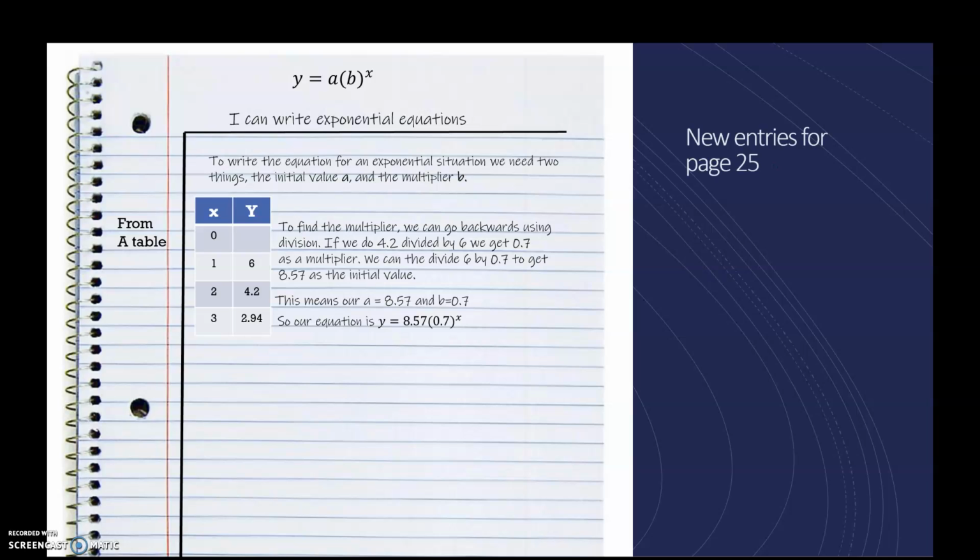So we're dividing going up. So if you do 6 divided by 0.7, you're going to get 8.57. And that is our starting value. So the multiplier was 0.7. And the starting value was 8.57. So we can easily see our equation there.